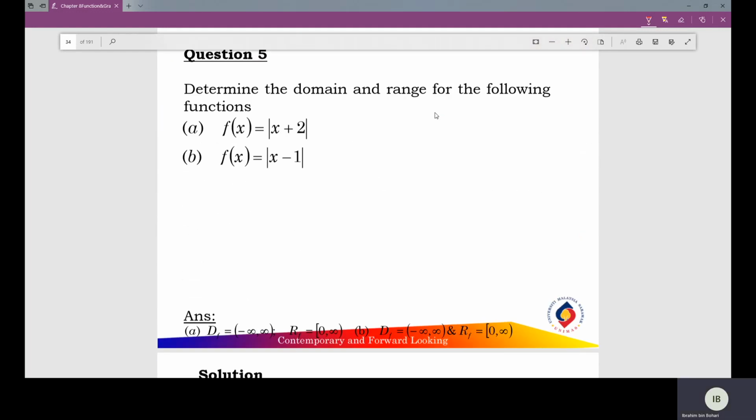Question 5. Determine the domain and the range of the following function: f(x) equals the modulus of x plus 2.